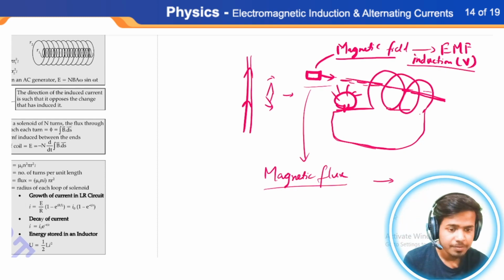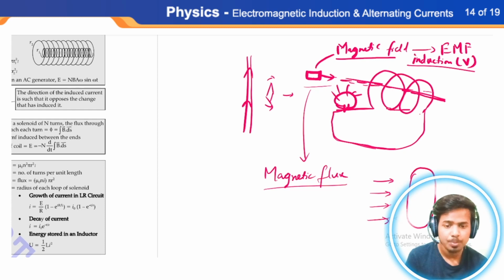So what is this magnetic flux? Let's say magnetic field is in this direction, and there is a loop which is like this, which is perpendicular. For example, this is a circle of a radius r, and the magnetic field is going inside the plane.